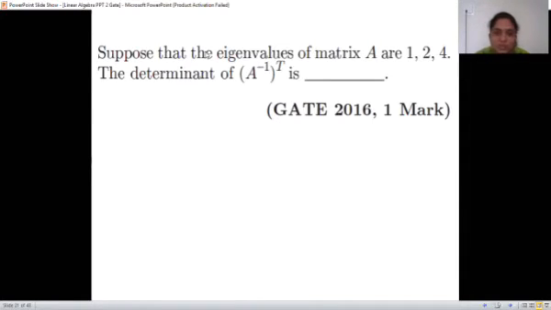Please answer someone. Transpose is simply changing rows to columns, or columns to rows. Does the eigenvalue change if we change the rows to columns or columns to rows?